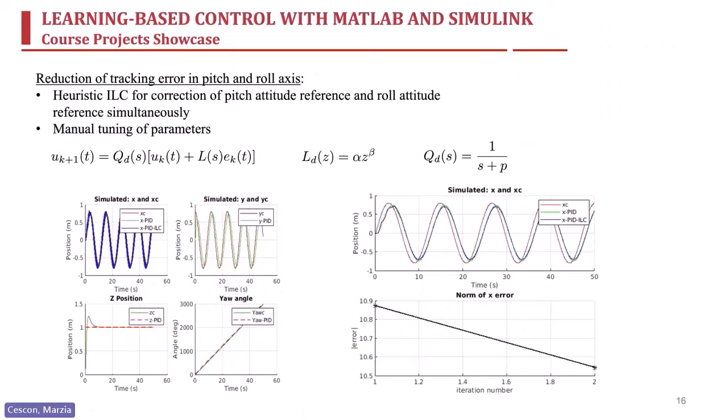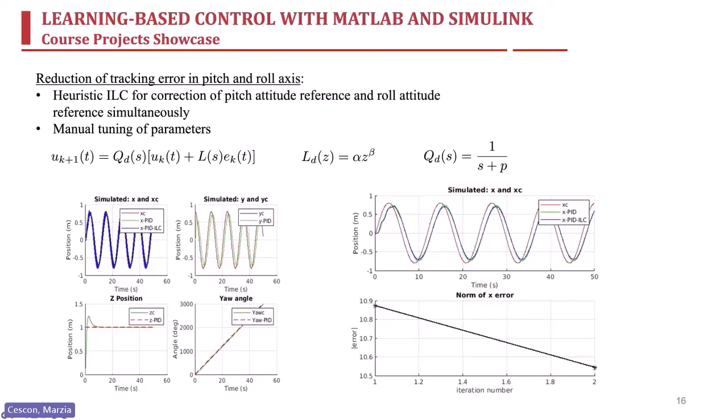So to reduce the tracking error in the pitch and on the roll axis, we implemented a heuristic ILC to reduce the pitch attitude reference and roll attitude reference error simultaneously, and manually tuned the parameters. Here you see the formula that we use for iterative learning control, and on the bottom you see the simulation.